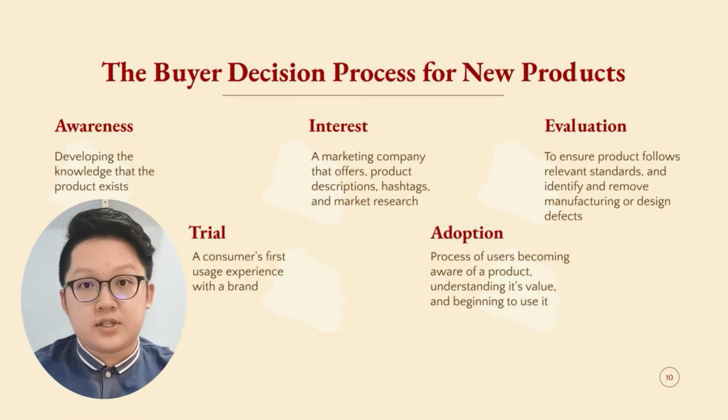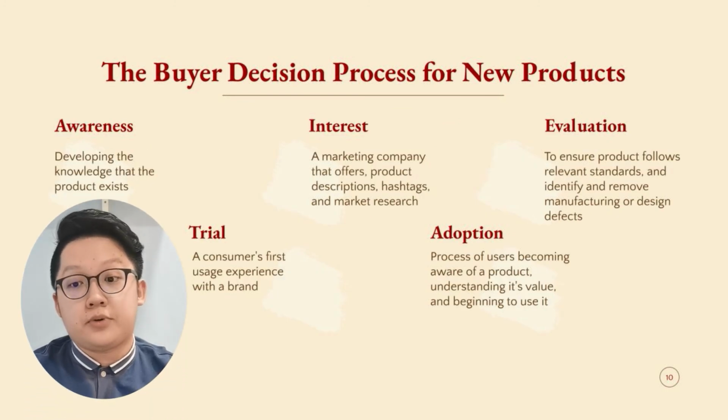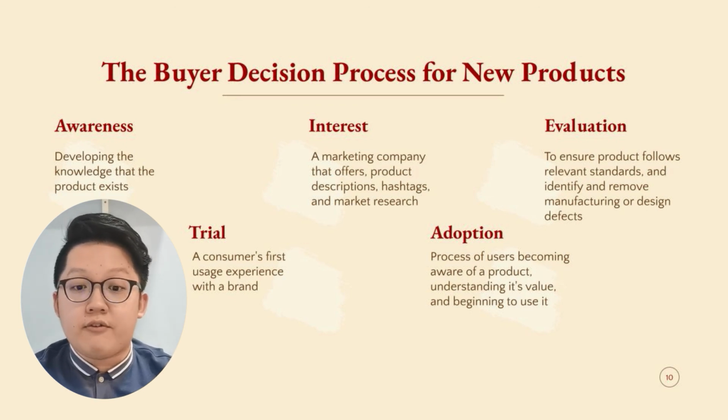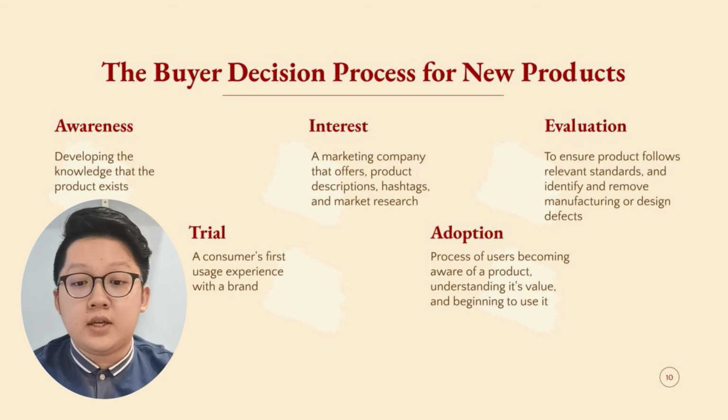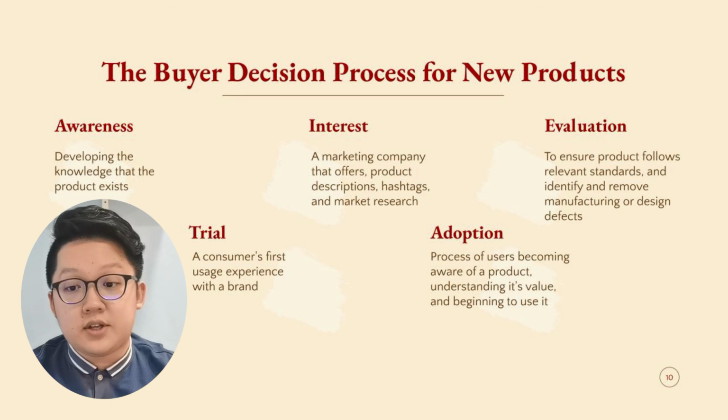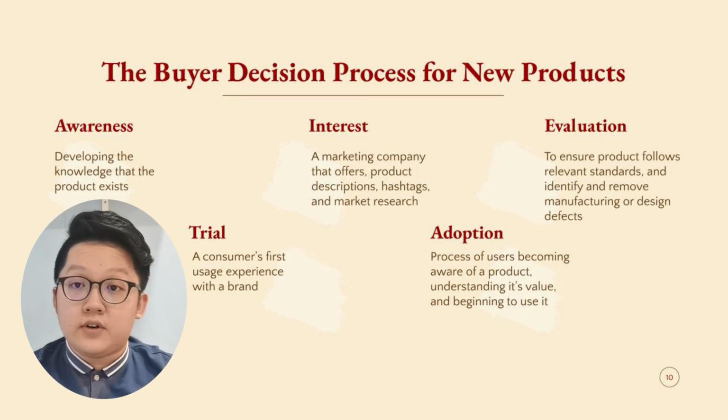The last thing we are going to discuss today is the buyer decision process for new products. We have 5 steps for the process, the first one being awareness. Awareness is developing the knowledge that the product exists. And the second step is interest. A marketing company offers a product description, hashtags, and also market research.